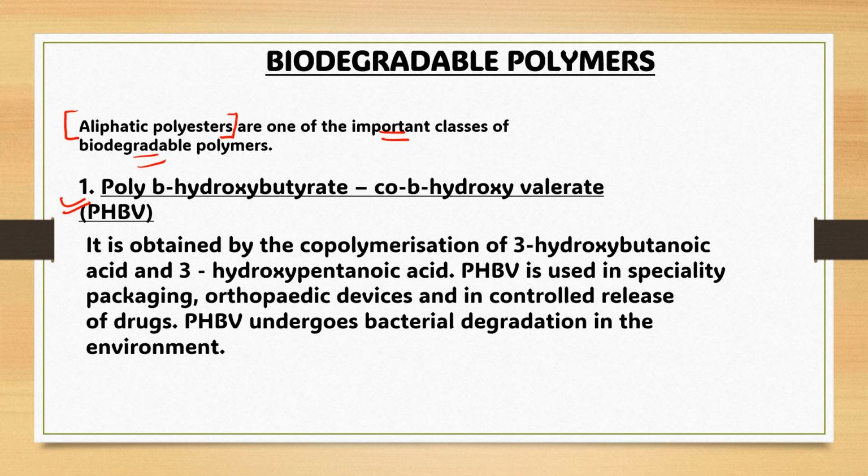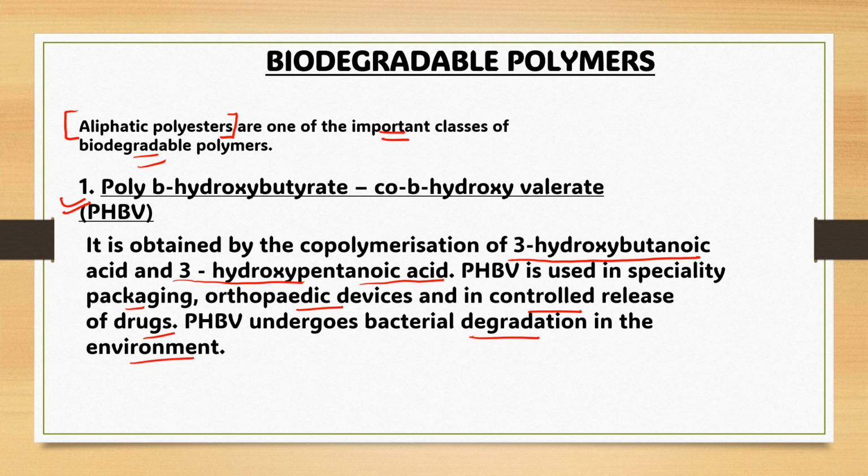This is the full name. It is obtained by the copolymerization of 3-hydroxybutanoic acid and 3-hydroxypentanoic acid. PHBV is used in specialty packaging, orthopedic devices, and in controlled release of drugs. PHBV undergoes bacterial degradation in the environment.